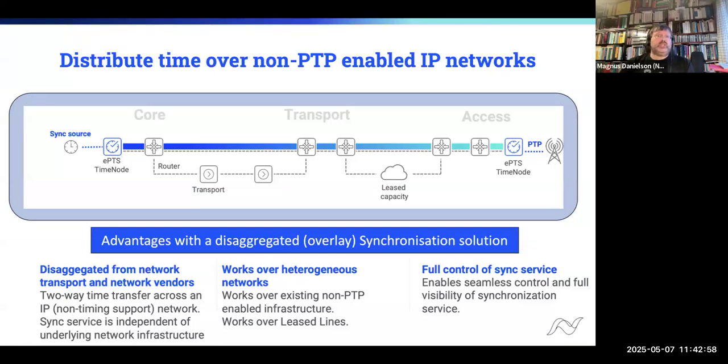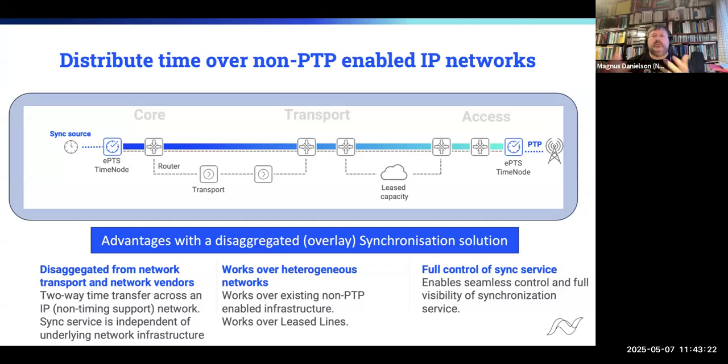Sometimes to reach a tower, you lease capacity even from your competitors, and they're not necessarily likely to provide you the best links. But in reality, operators rent a lot of capacity from each other to just solve problems.